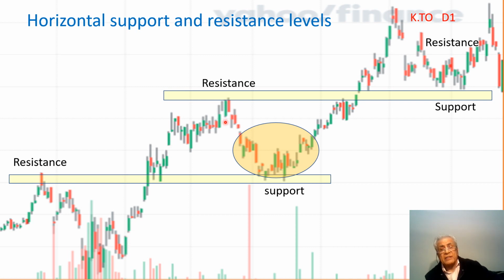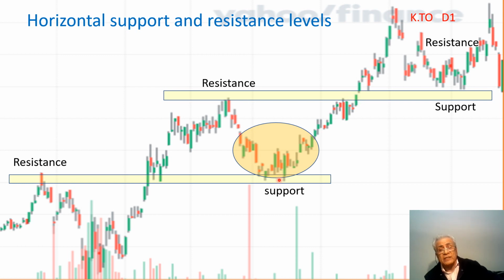Now, the same thing here, when it goes up here, it breaks the support resistance level. It's not a good idea to go short here at the resistance level, because all the time the trend makes a swing high and swing high and swing high. So it's not a good idea. Maybe the trend is going upward, so you should not go short.